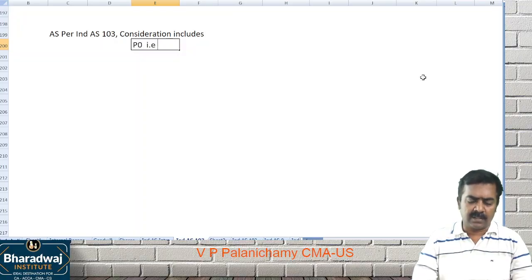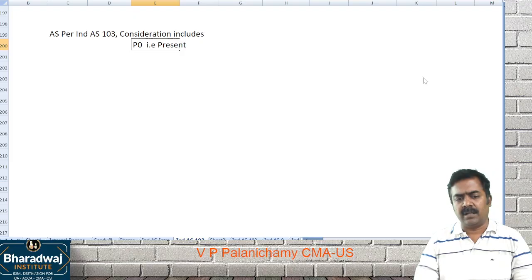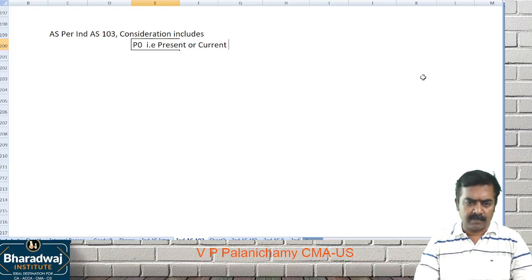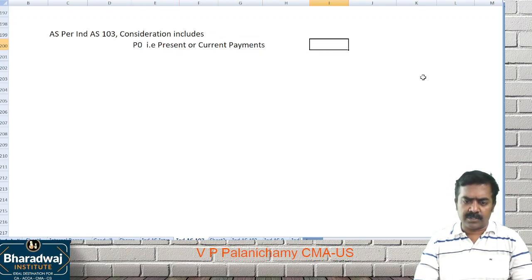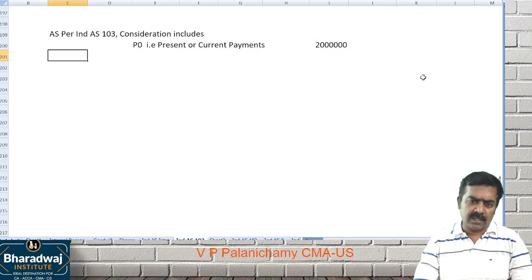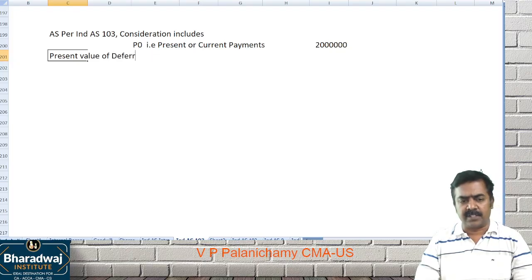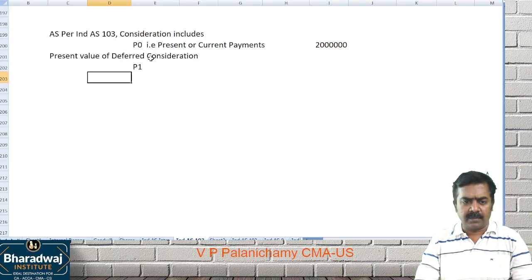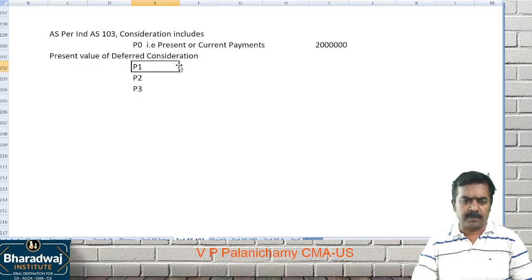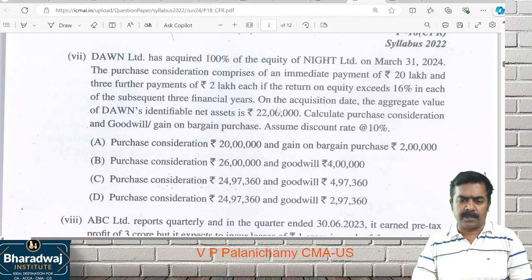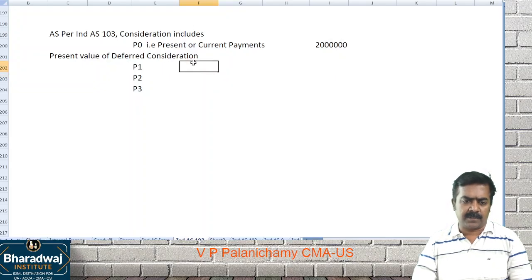That is present or current payment. How much? 20 lakhs. And the present value of deferred consideration, which we are promising to pay over 3 years. How much are we promising to pay? 2 lakhs each.